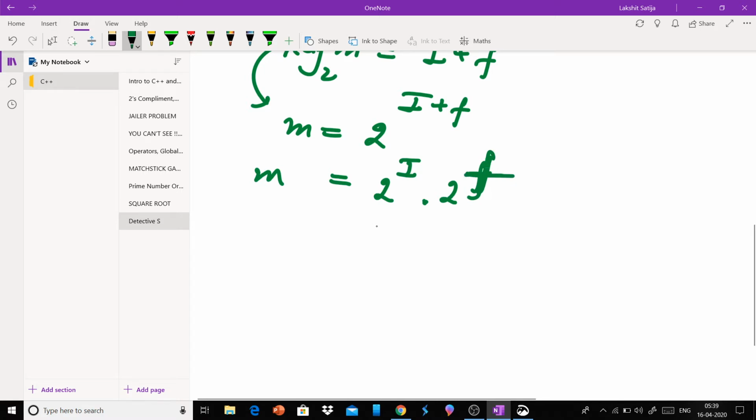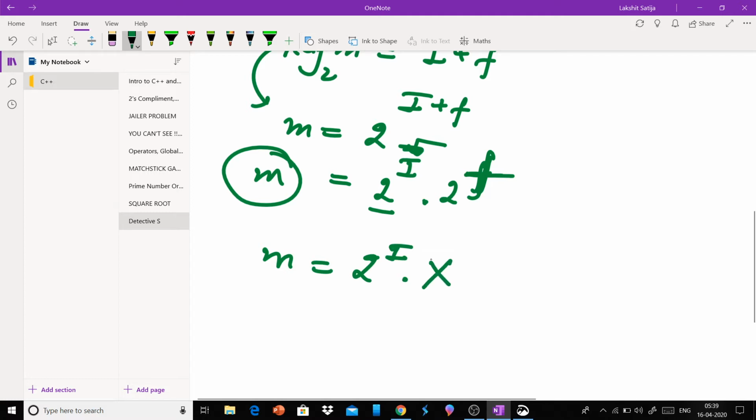So how many times m is divisible by 2 gives the value of I, because m is a multiple of 2 power I into some number. So m must be divisible by 2 power I, right?